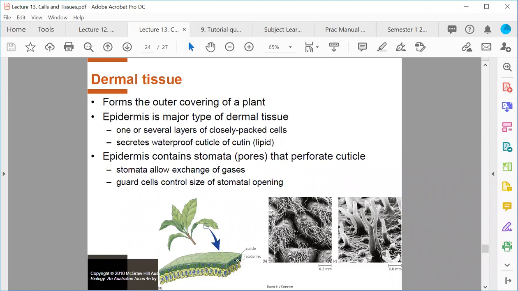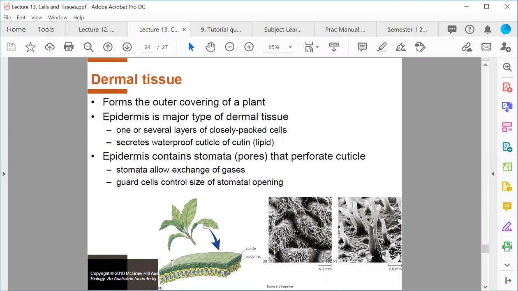So we can have a look at this image down here. We're just looking at a very small portion of a leaf, which has been enlarged here. This outer cell layer is the epidermis, a single layer of cells in this case. The epidermal cells are secreting a layer called the cuticle.